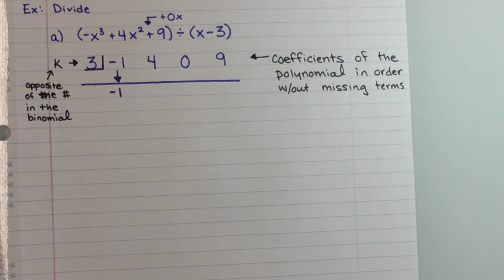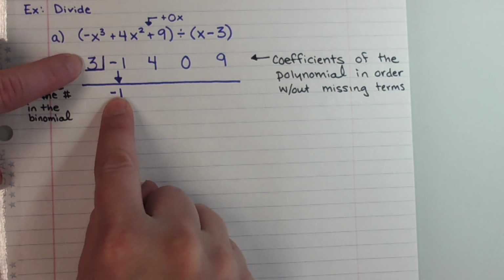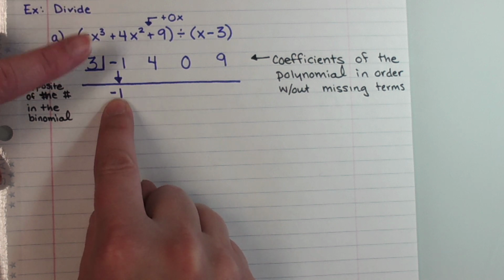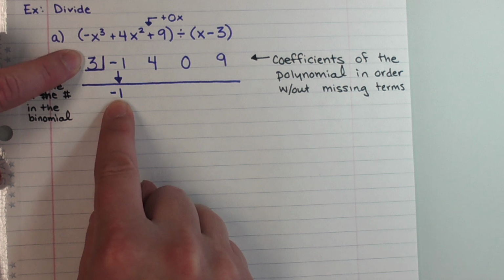What do you typically do after you figure out the number in long division? Off to the side, we do some multiplication. The number we got, and we just have to focus on this. 3 times negative 1.